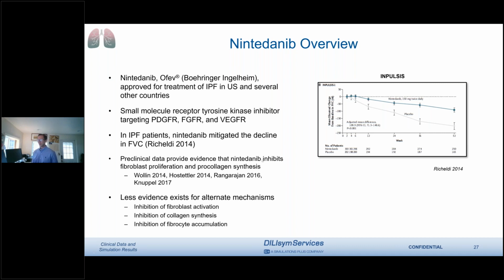Speaking of those mechanisms, this also really seems to target the fibroblasts, although in this case it is the proliferative ability of the fibroblasts, and within those myofibroblasts, slowing the synthesis of collagen as well.